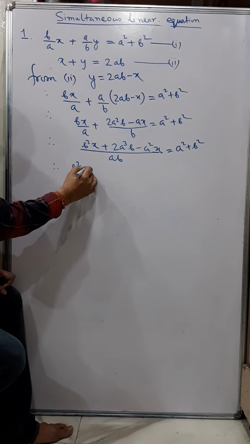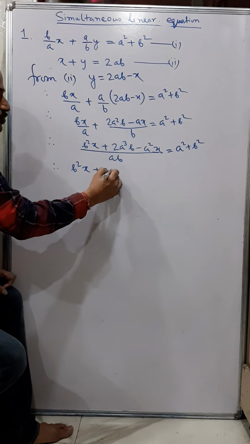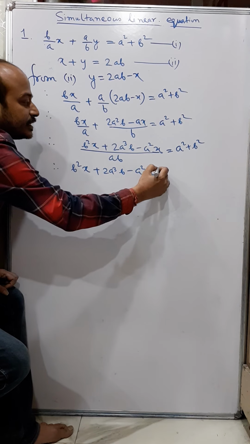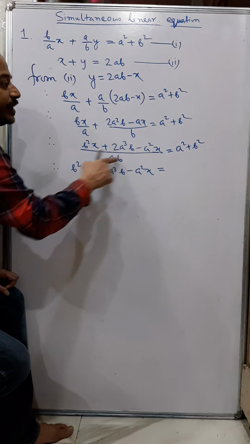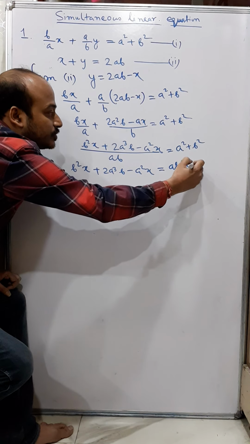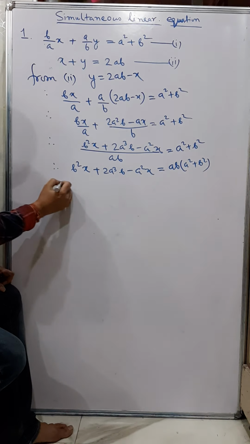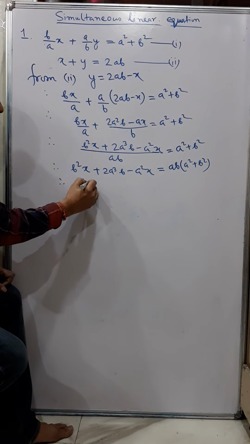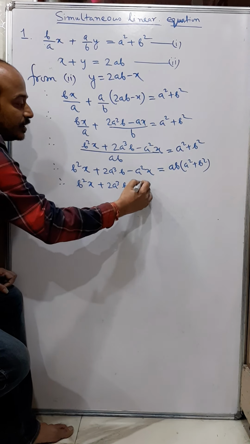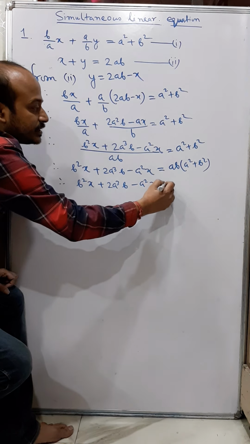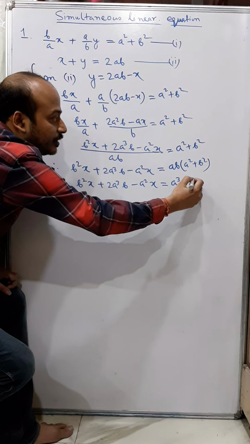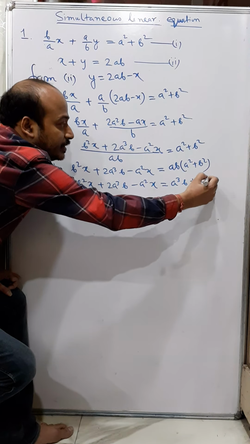So we get b square x plus 2a cube b minus a square x is equal to, when you do ab into this, ab into a square plus b square, so we get a cube b plus ab cube.